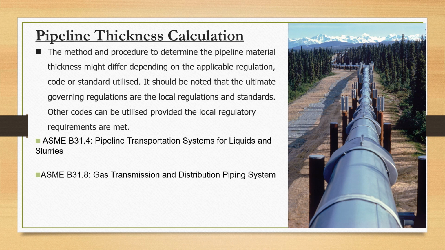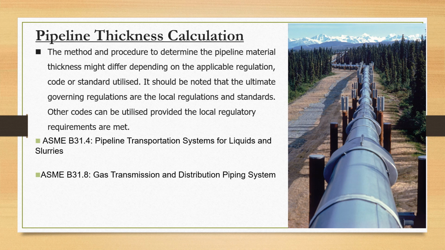Then there are other standards like ISO 13623, petroleum and natural gas industries pipeline transportation systems, PD 8010 Code of Practice for Pipelines Part 1, Steel Pipelines on Land, PD 8010 Part 2, which is used for subsea pipelines. Then CSA Z662, a Canadian standard which is used for oil and gas pipeline systems.